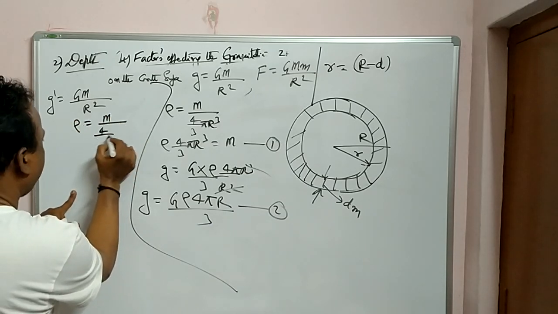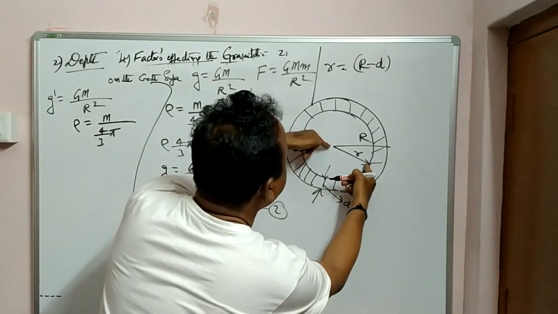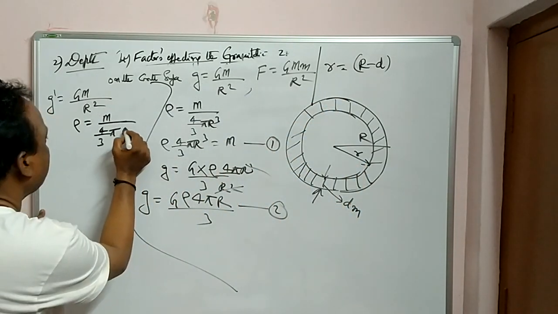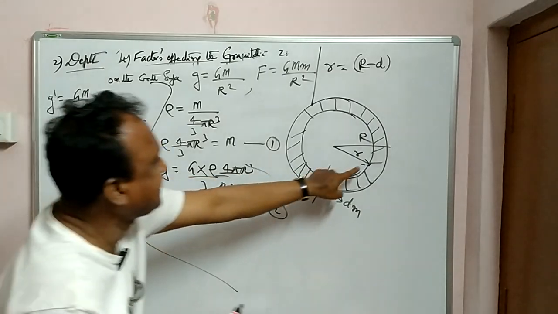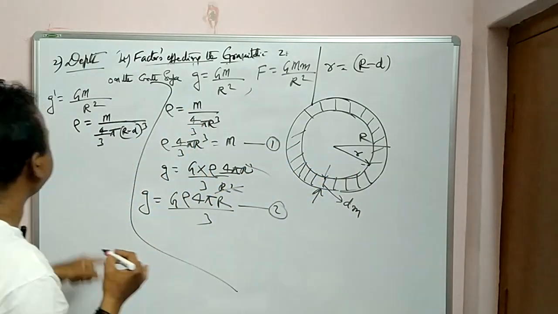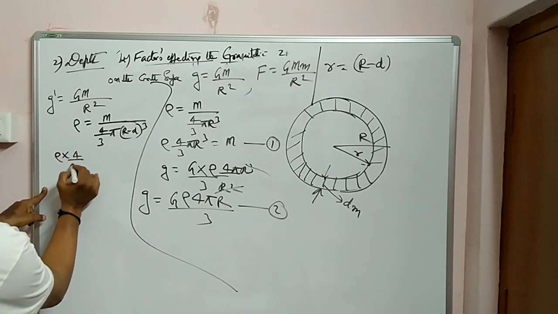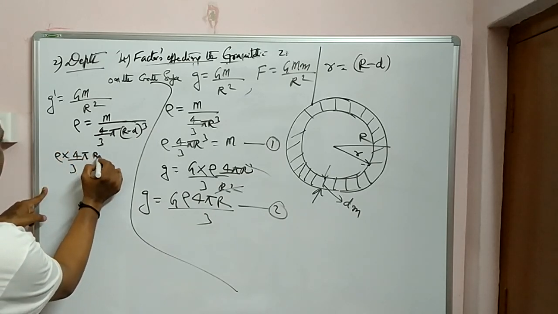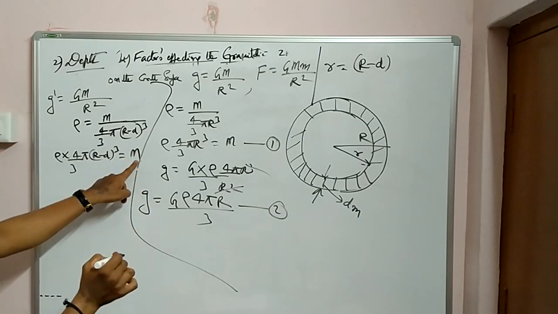What is the volume? 4/3 pi r cube. What has the radius become? It becomes R minus d whole cube, because R is changing as you are cutting d meters inside. So rho into 4/3 pi (R minus d) whole cube is equal to mass. This is the new mass now.